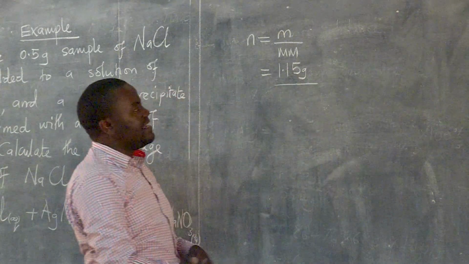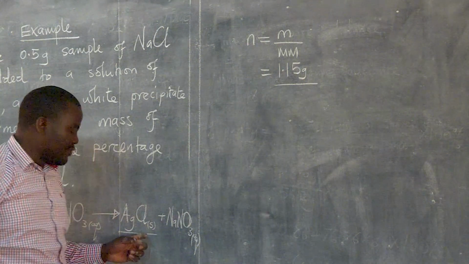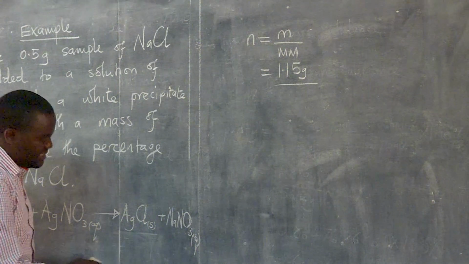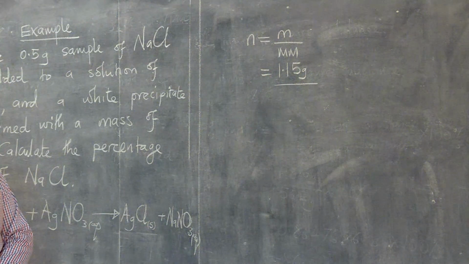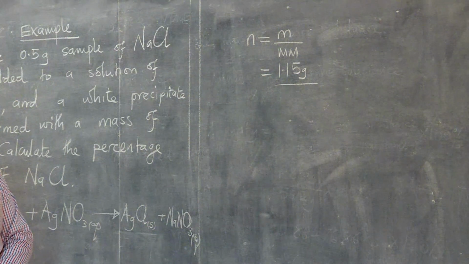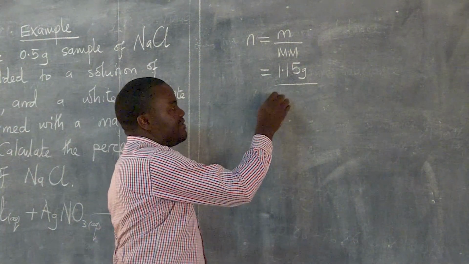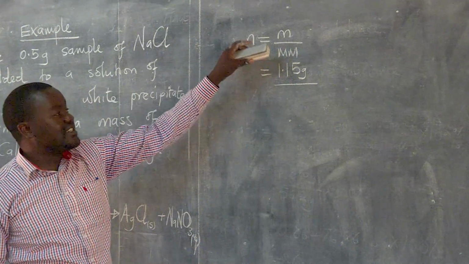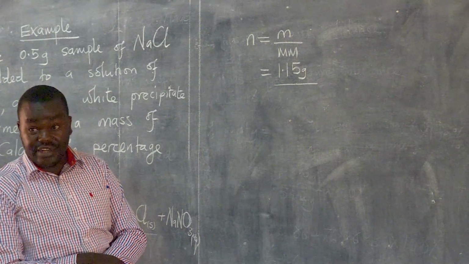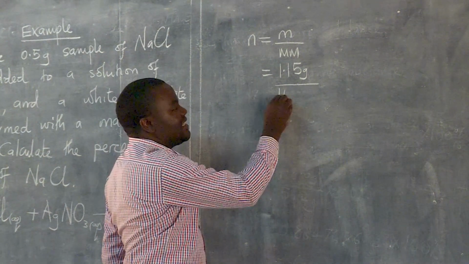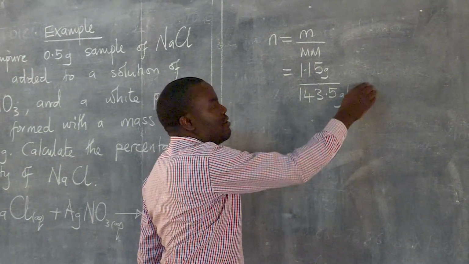We are dividing this by the molar mass of silver chloride. What is the molar mass for silver chloride? Yes, 143.5. Since it is molar mass, when we looked at the mole concept, we discussed that molar mass has units. So it is 143.5 grams per mole.